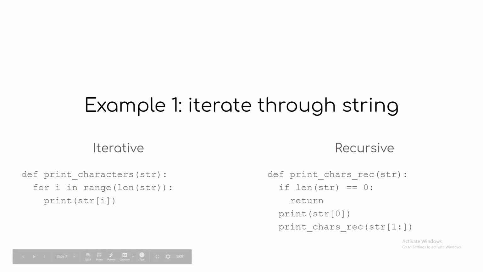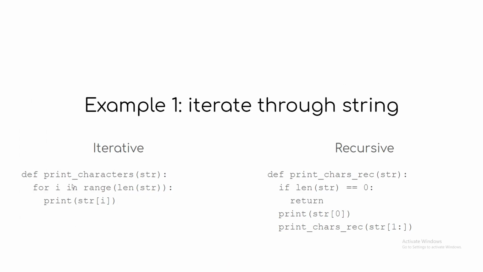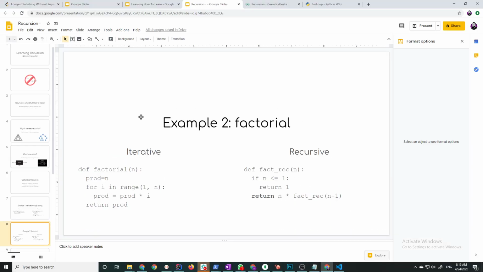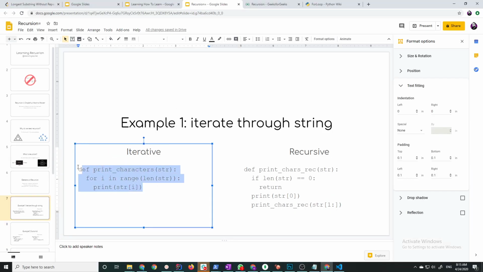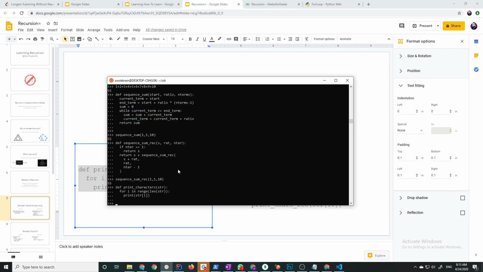So let's actually see that in action. Let me go ahead and pull up, let me get out of here and copy this and paste it right there. So then we're going to say print characters.